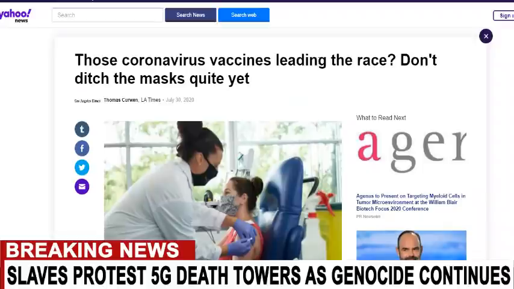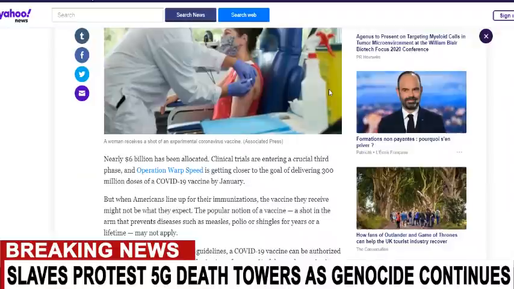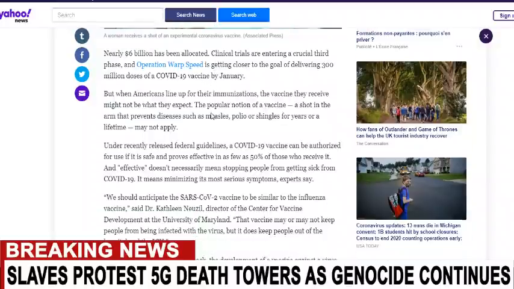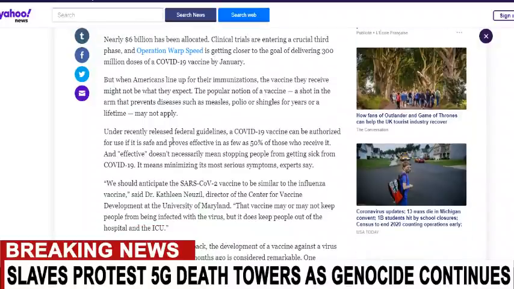We want to inject this real quick. You know, you're waiting for a vaccine. Don't ditch the mask just yet, they say. A nearly $6 billion, probably $6.066 billion, has been allocated for clinical trials. But check this out.